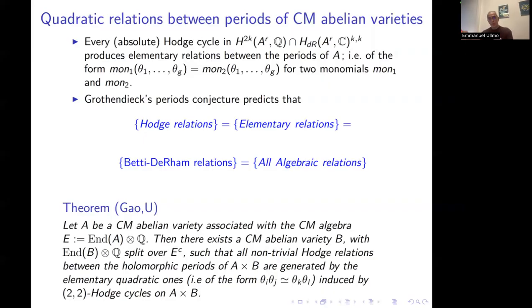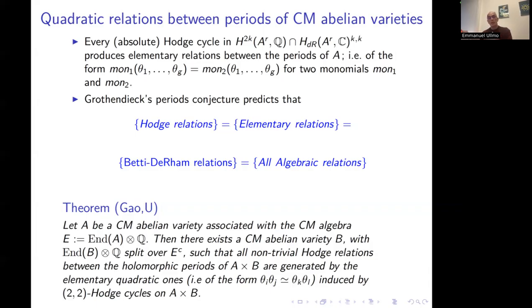So it's not fully true, but what is true is that you can find another CM abelian variety B, such that the Galois closure of the endomorphisms of this abelian variety is contained in the Galois closure of the endomorphisms of A, and such that if you look at all the non-trivial Hodge relations between holomorphic periods of a product A cross B, then they are generated by the elementary quadratic ones, relations of the form theta i theta j equals theta k theta l.